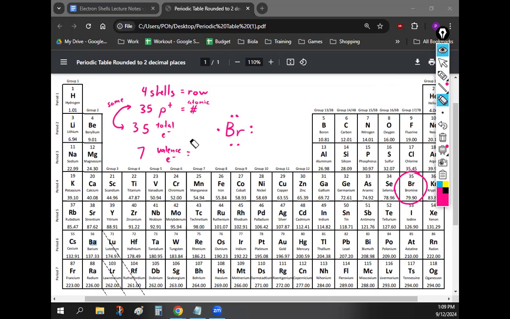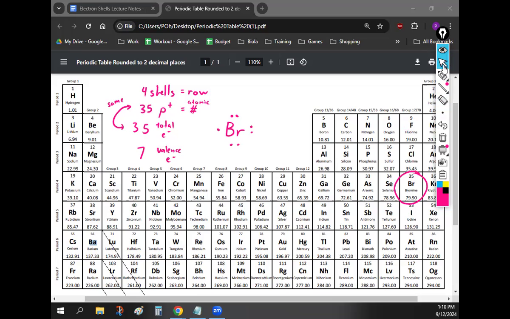What does it mean by like 4 shells equal a row? Oh, I'm just telling you, find the shells by counting the rows. Because bromine is in row number 1, 2, 3, 4, going down. So there's 4 shells, exactly. But you only draw the shells for the shell model, not the Lewis. Yeah, you don't draw them for the Lewis.